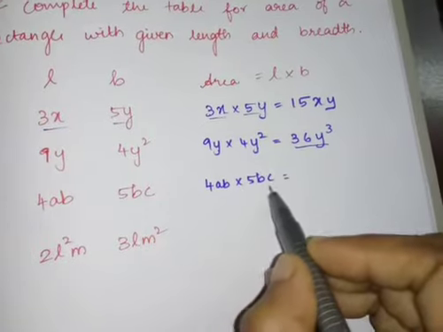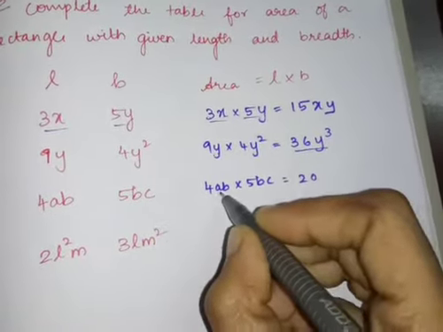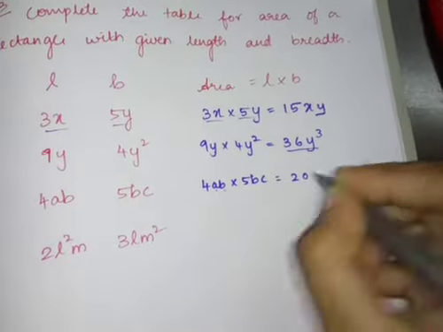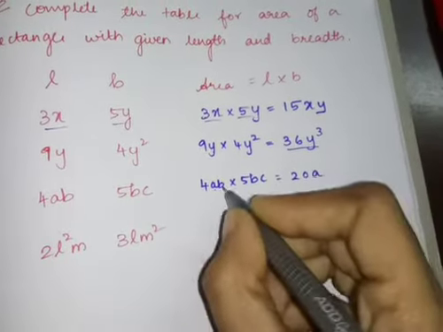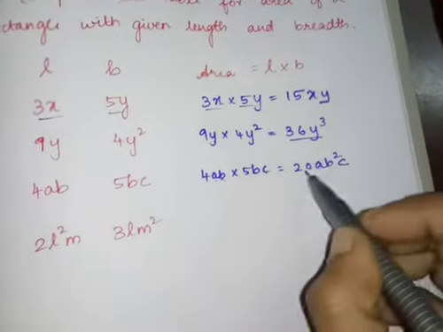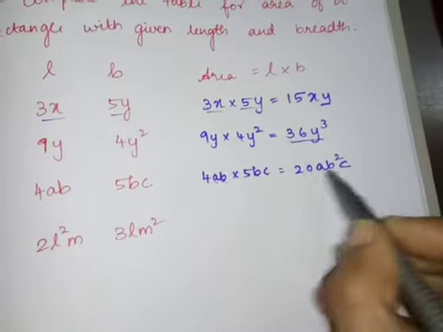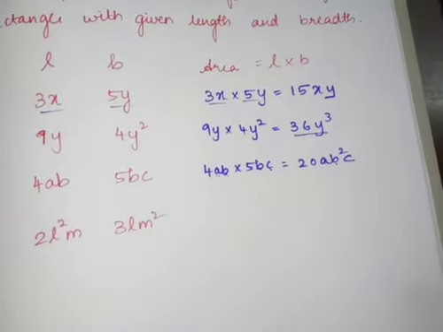This is your length and this is your breadth. So 5 4s are 20. Now ab into b square. A only one term is there, so I write a. B into b, b square. Only one c is there, so c. So the area is 20ab square c.